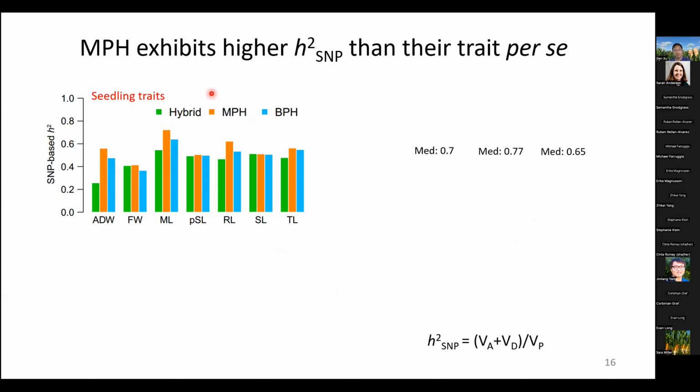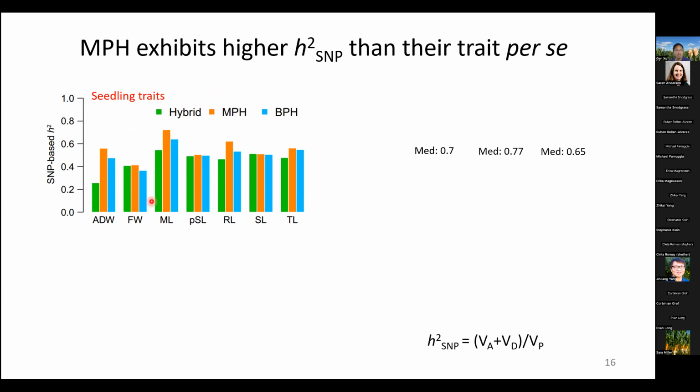Whether this heterosis trait can be heritable, so this is a question. To answer it, we calculated SNP-based heritability. In our formula, we consider the additive variance and dominance variance.